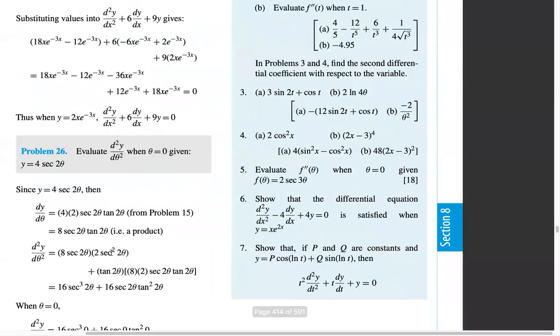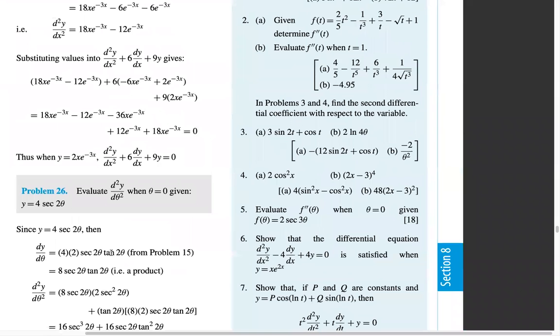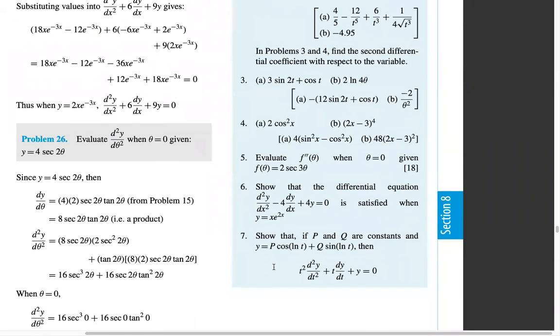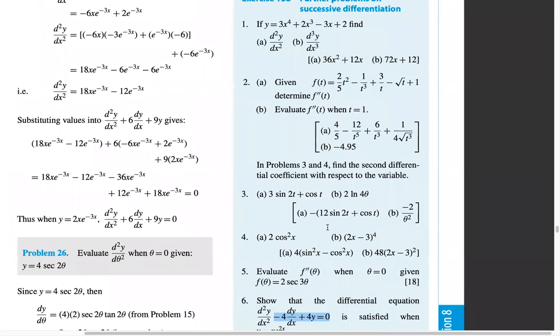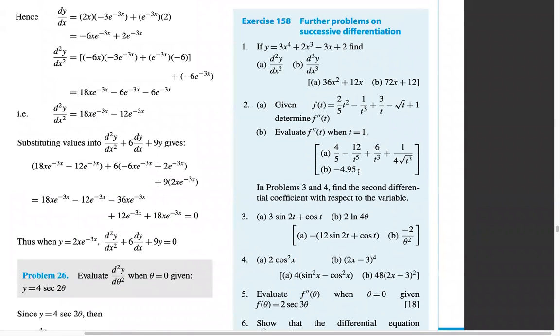If you get a miscellaneous quiz with all kinds of things happening, look at these problems here where you have to differentiate 2 times to get a differential equation. See, it's a lot of work. These questions are a lot of work, and they demand a strong background in algebra. This is why calculus is scary.